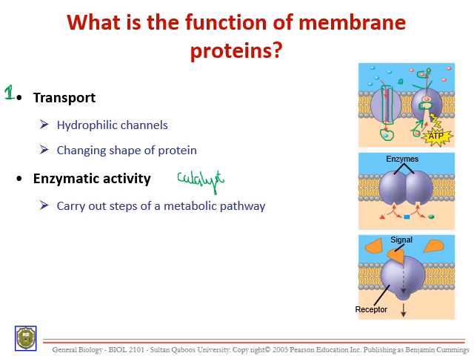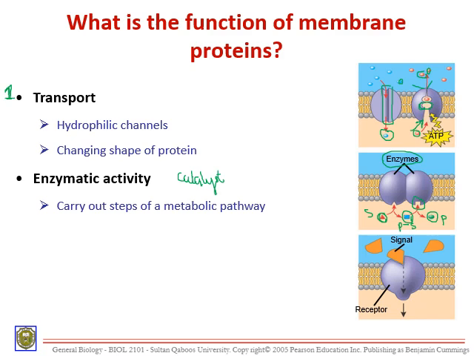You can see this is a substrate that binds to an enzyme and gives a product. This product is then acting as a substrate to this second enzyme, and you have it converted to another product here.